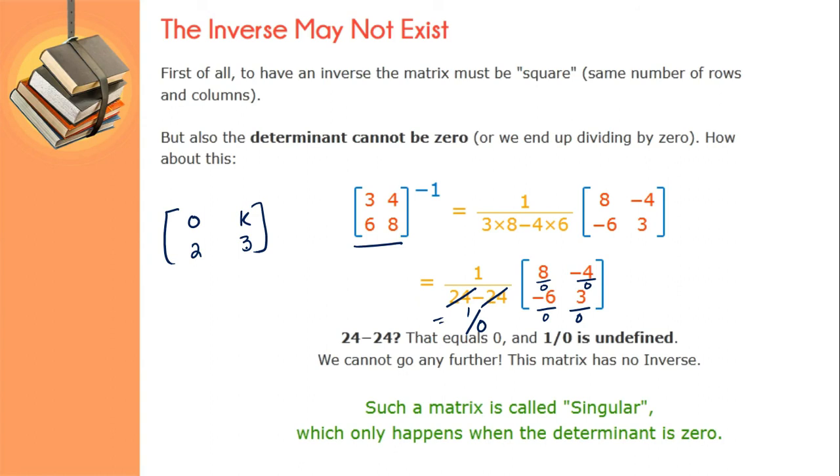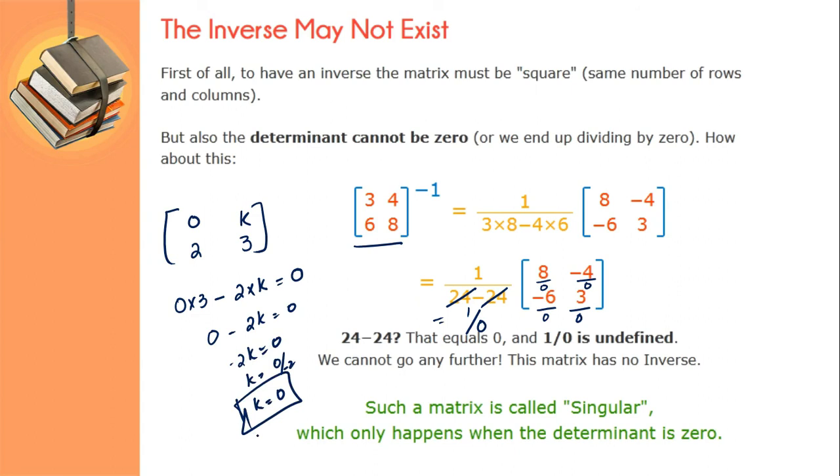So here we will find the determinant. 0 multiplied by 3 minus 2 multiplied by k, and we will keep it equal to 0, because the question says it's a singular matrix, so its determinant will be 0. Then it will be 0 minus 2k is equal to 0. So minus 2k is equal to 0, and k is equal to 0 upon minus 2. So the value of k is also 0.